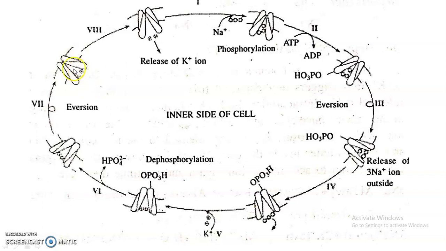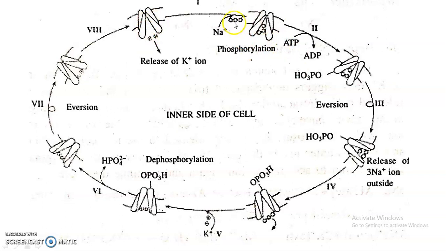Now as the inner gate is open after the second eversion, 2 potassium ions enter into the cell. So here 2 potassium ions enter into the cell, and again this ATPase is ready for the second cycle.